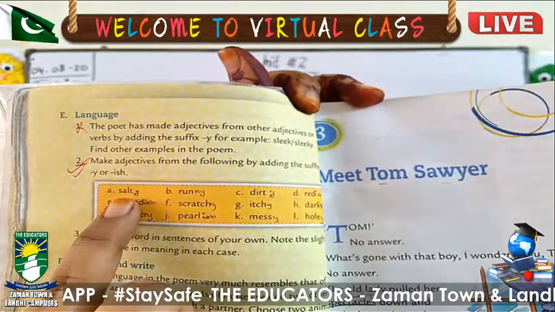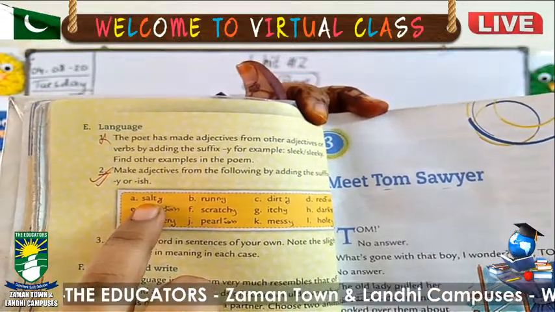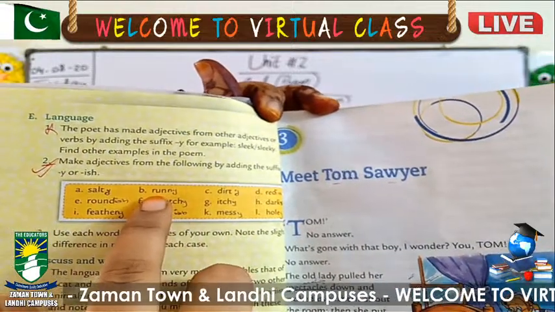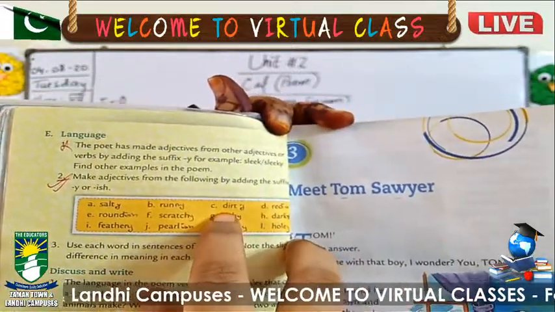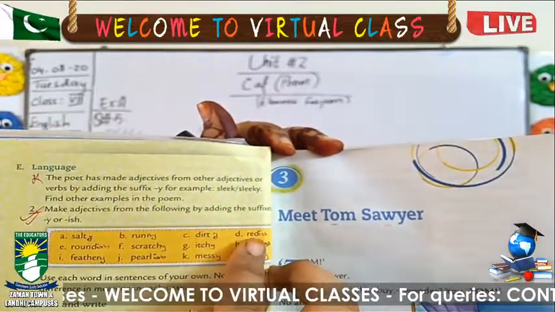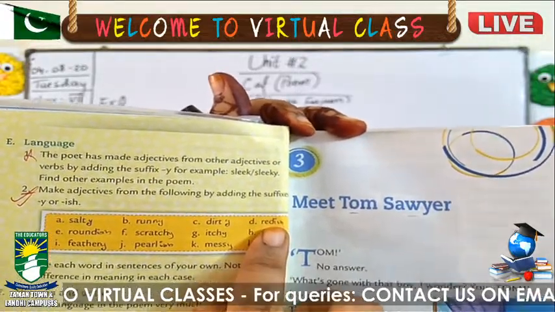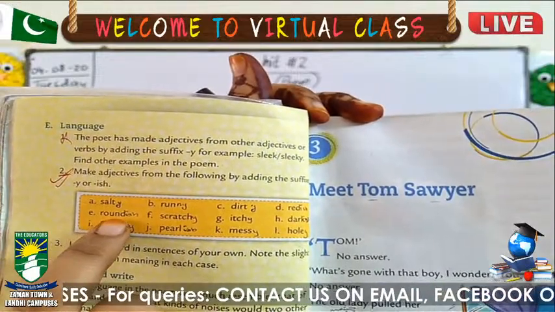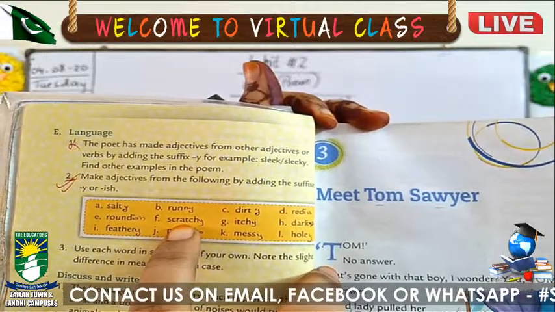The first word we have is salt. What will be added to it? Y. So it will become salty. We have run. Run will become runny. We have dirt. Dirt becomes dirty. Then we have the next word, red. It will take ish. So it will become reddish. Then round. Roundish. Next is what? Scratch. Scratchy.